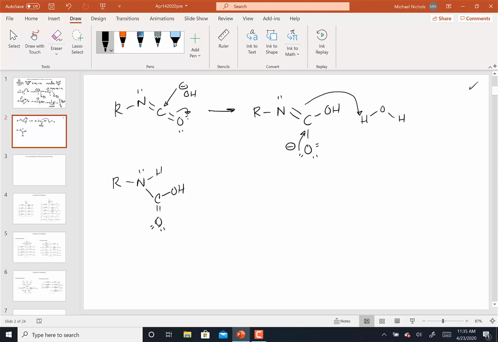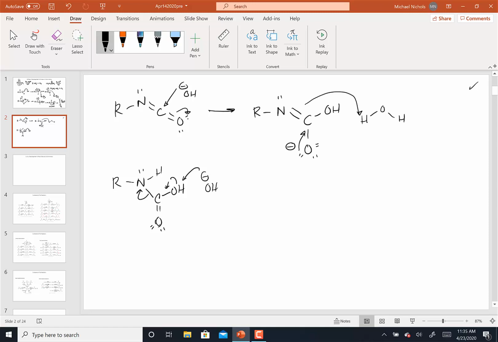Then in the final step, the hydroxide that was formed will come in, grab this hydrogen, and the pair of electrons will move this way, and then that pair of electrons will go to the nitrogen.